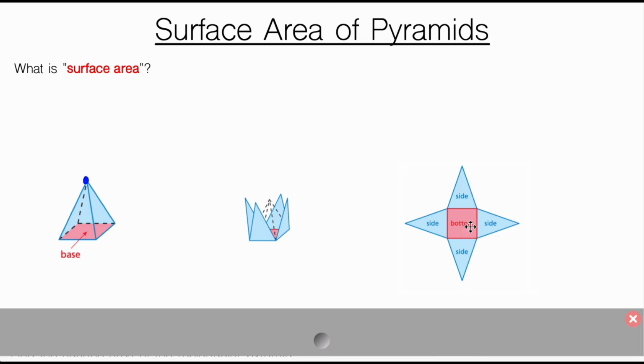So there's the one rectangular base. And another fact about all pyramids is that the non-base faces, the other sides, always have to be triangles. So no matter what, you're always going to be finding the area of a base and then the area of some triangles and adding it all together.